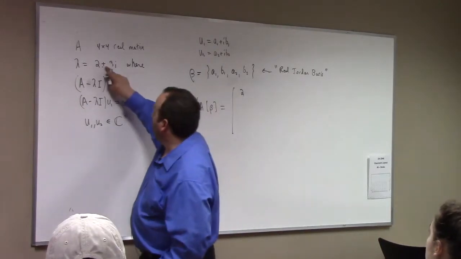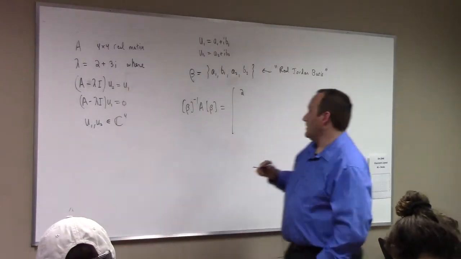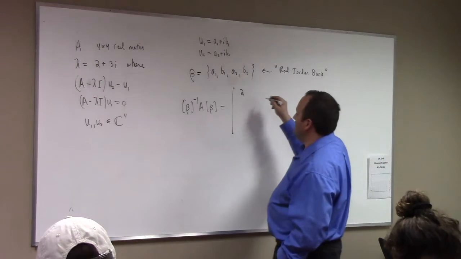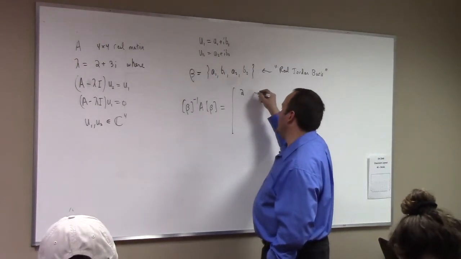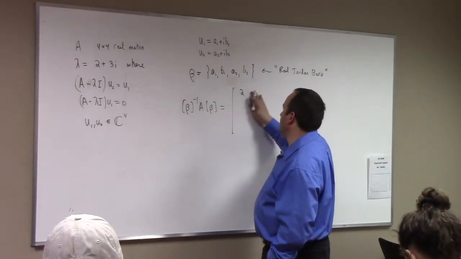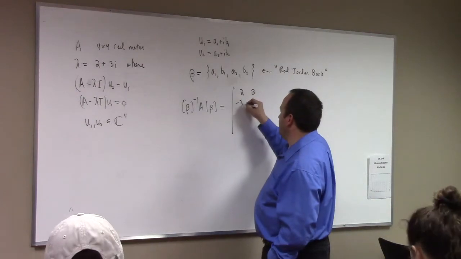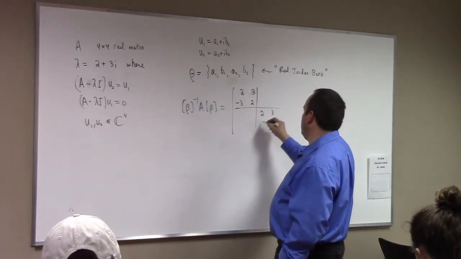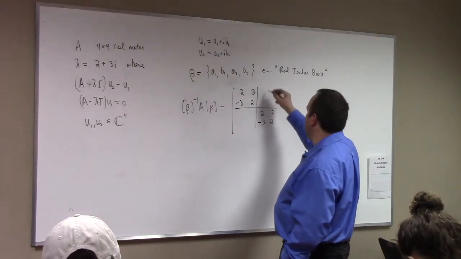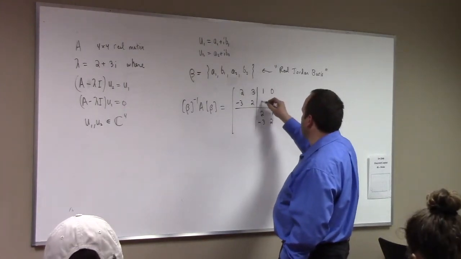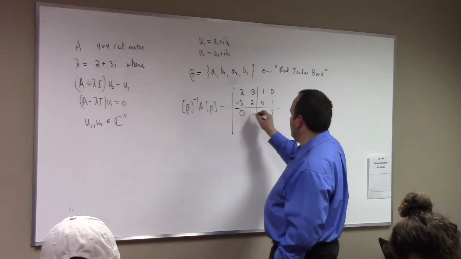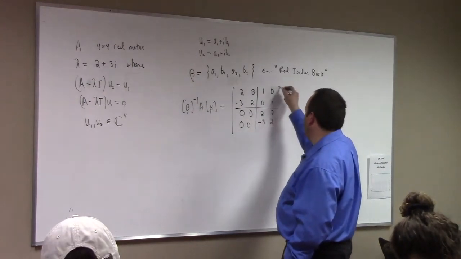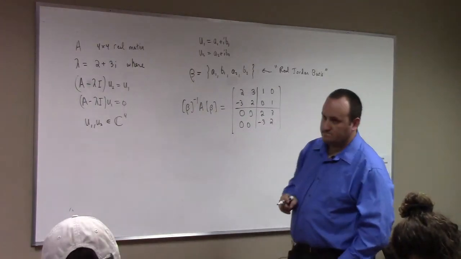Plus. All right. There we go. So we have 2, 3, minus 3, 2, 2, 3, minus 3, 2, and it ends up being an identity up here like this. So that's the so-called real Jordan form.